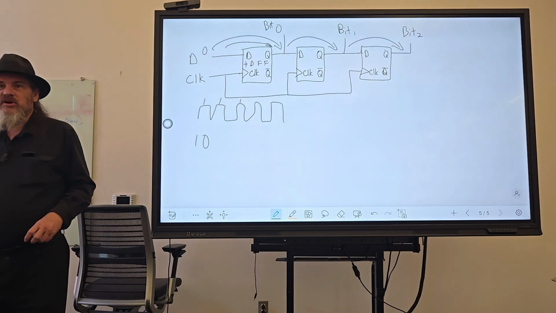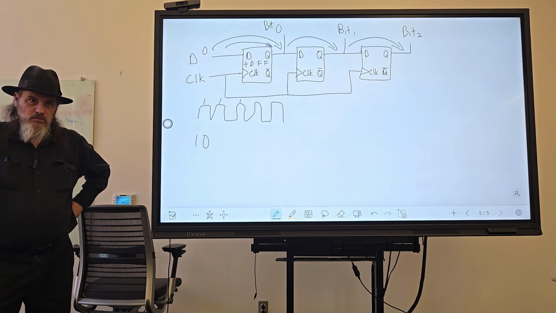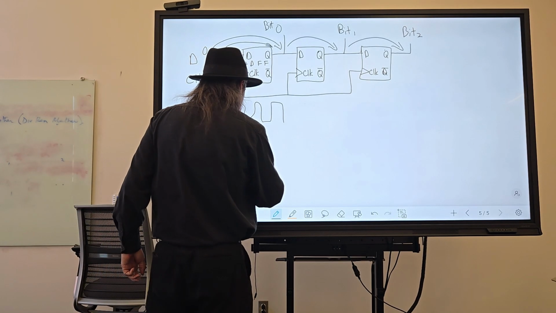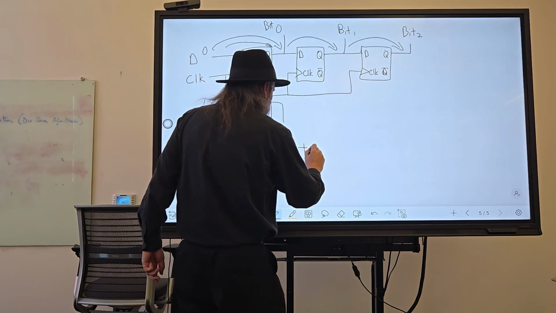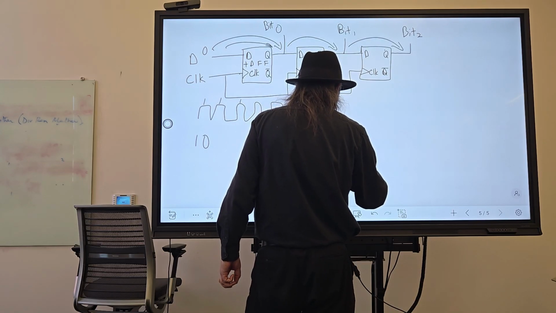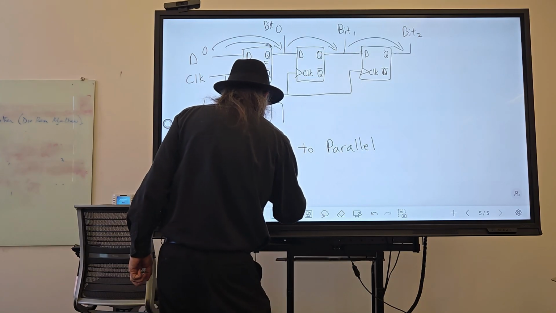That's how you would translate a stream of 1s and 0s into parallel. So this is a serial to parallel shift register.